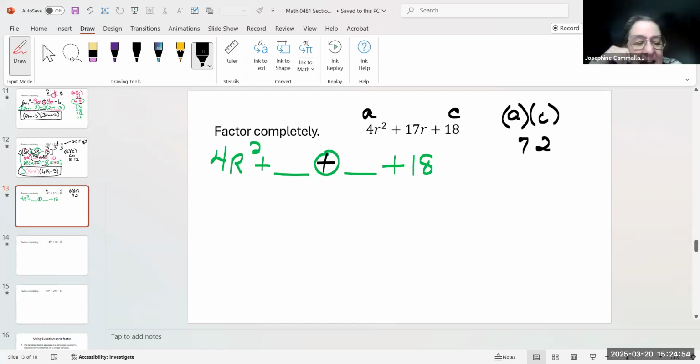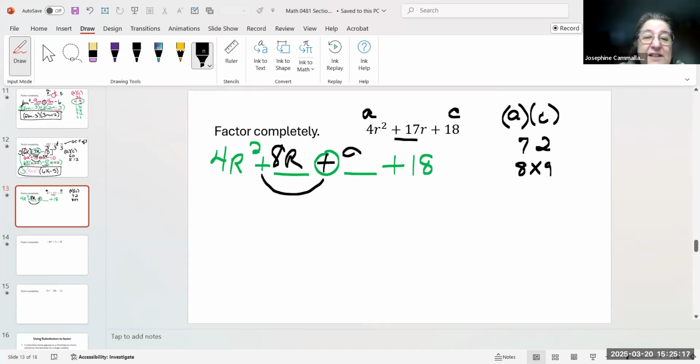Now, if you know your times tables really well, you know that 8 times 9 is 72, but 8 plus 9 gives me 17. This is 8r. This is 9r.